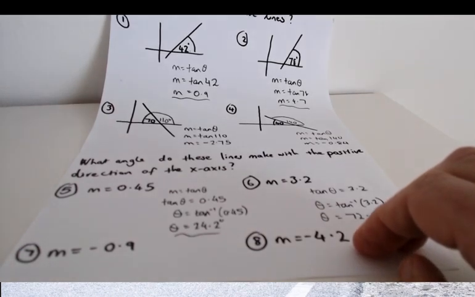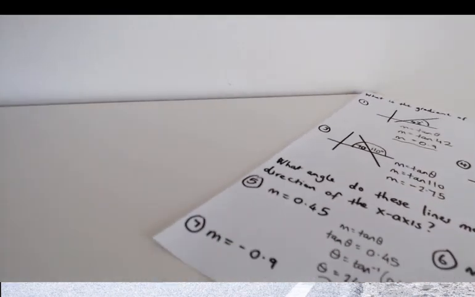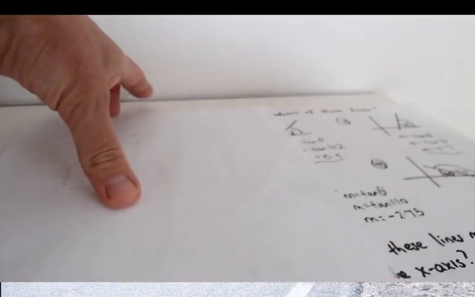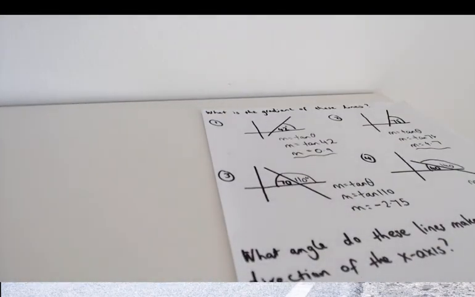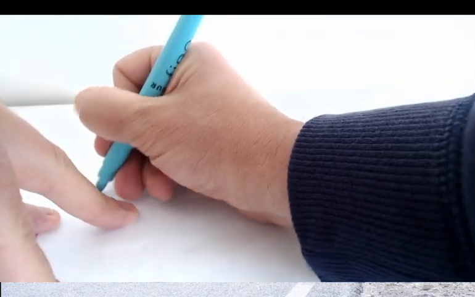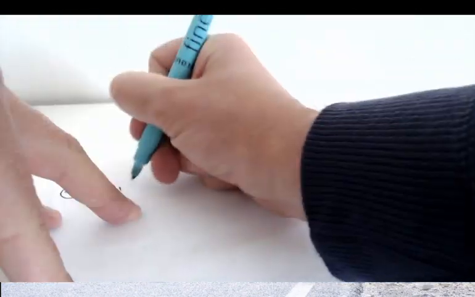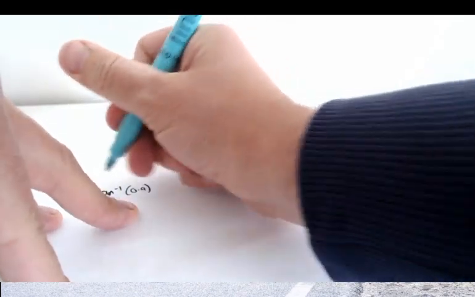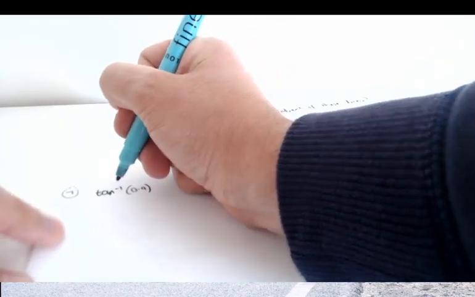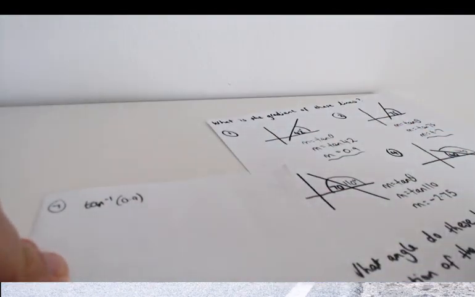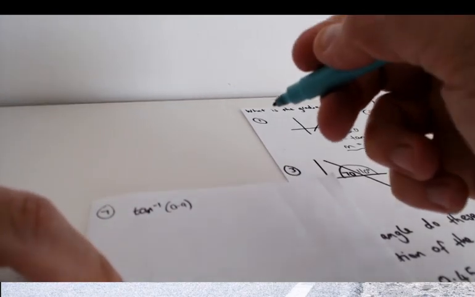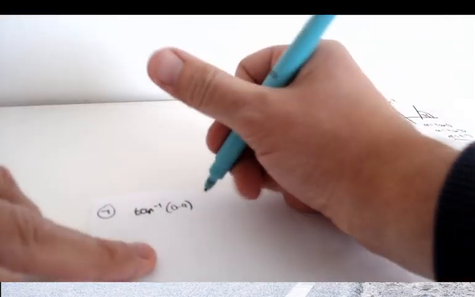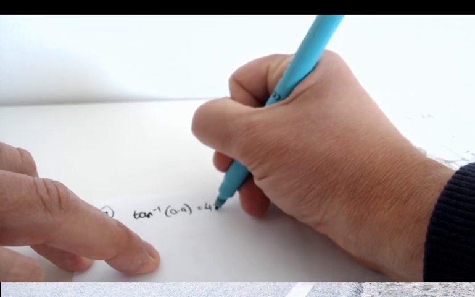So for question 7, we're going to inverse tan 0.9. Notice I haven't put theta equals, because this isn't going to be a final answer. If I do that, I'm going to get 42.0. Well, just 42.